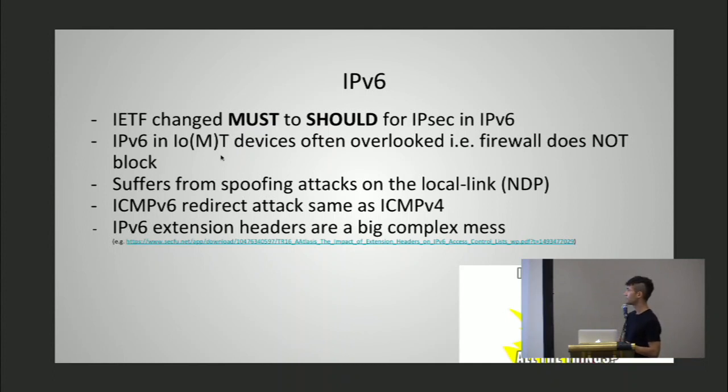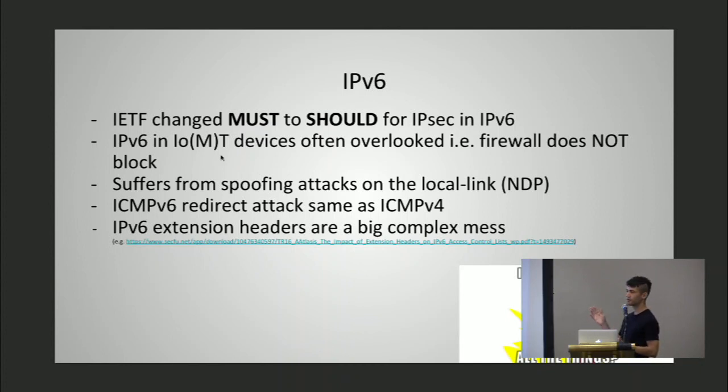IPv6. A few things about this: recently the standard was made more lax. Whenever you read RFCs, there are these keywords that play a more and more important role than they initially seem to.